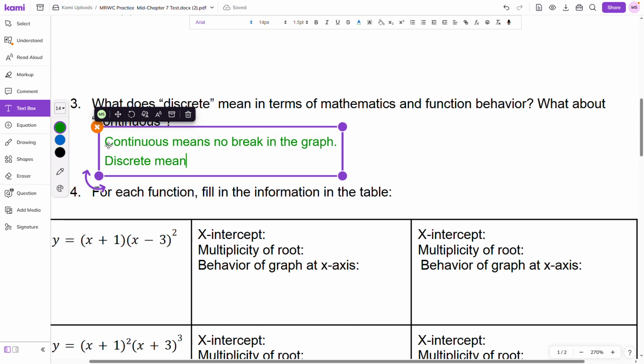Discrete means there are disconnected values, like integers, like points. Like, if you ask me how many kids I have, those are only given in discrete values. Whereas if you ask me how tall my kids are, there's a continuum of values that I could theoretically tell you.